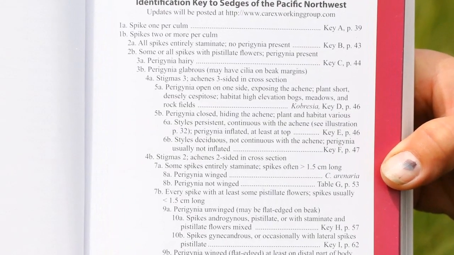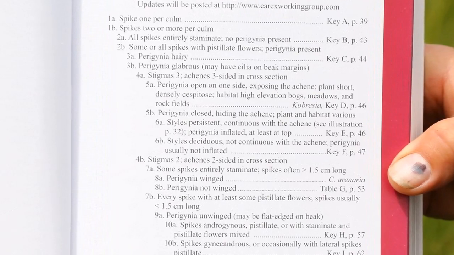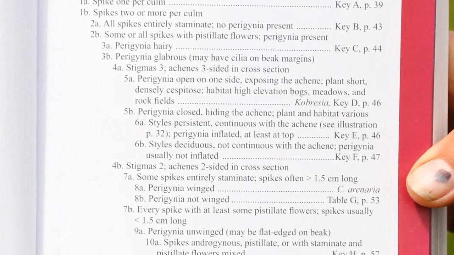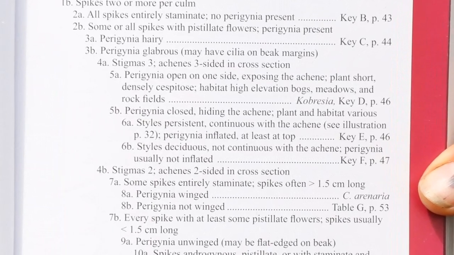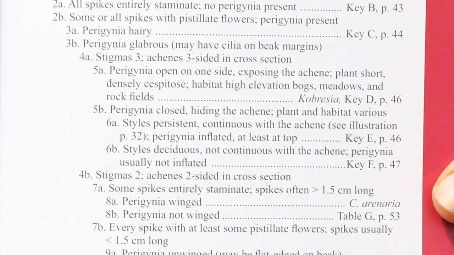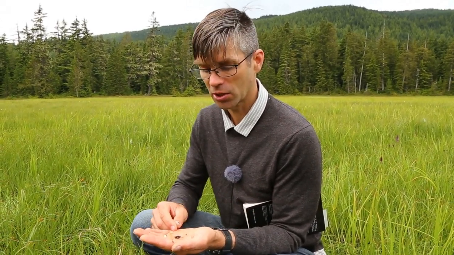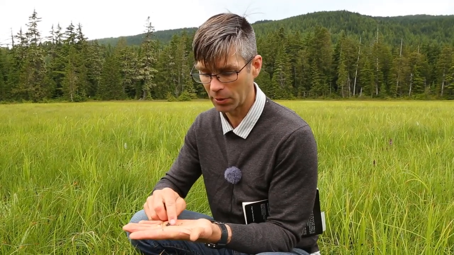5A reads perigenium open on one side, exposing the achene, plant short, densely cespitose, or 5B perigenium closed, hiding the achene, plant and habitats various. So all the true Carex, the genus Carex, have closed perigenia, whereas there's a different type of sedge called Kobresia, and they have perigenia that are slightly split open on the top.